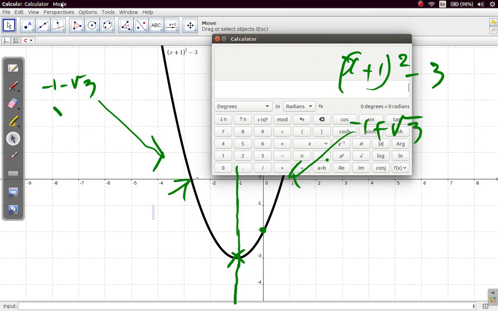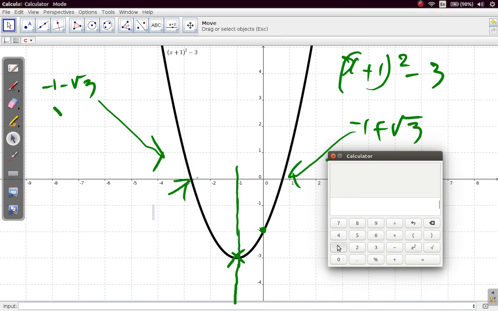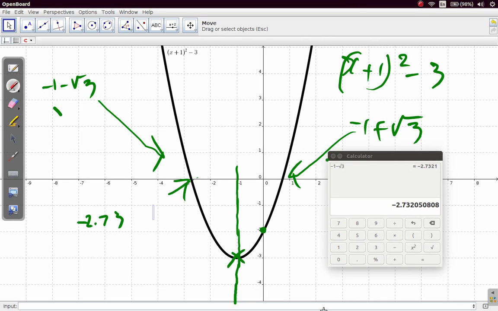Let me put it in a simpler mode, basic mode. So negative 1 minus the square root of 3 is negative 2.73. So you expect one root on the left to be negative 2.73, and the root on the right would be what now?